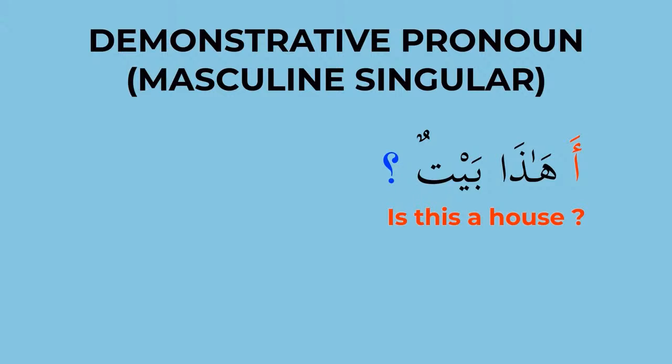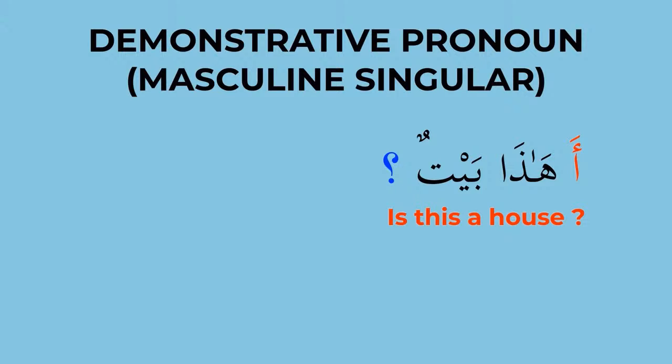Is this a house? So putting hamza in front of a statement changes it into a question. Are you with me? No other changes. Just by putting hamza in front of a sentence, you change it into a question.